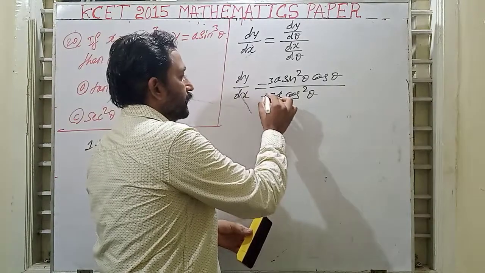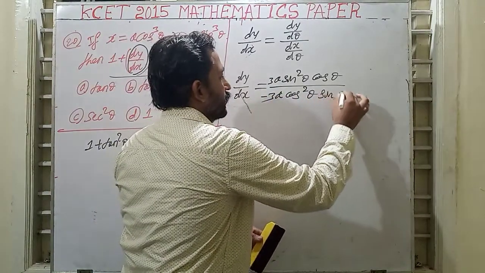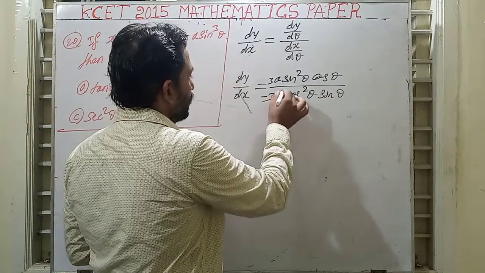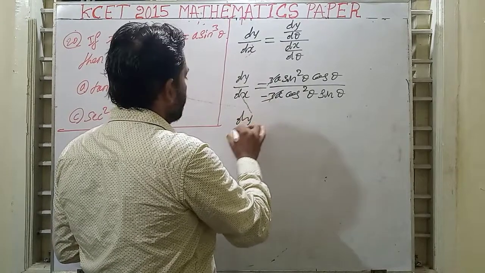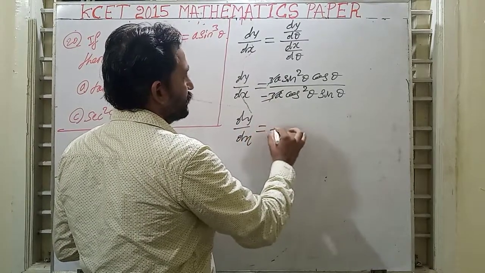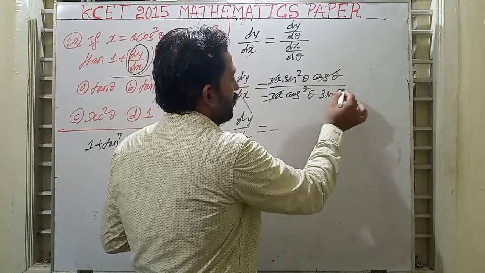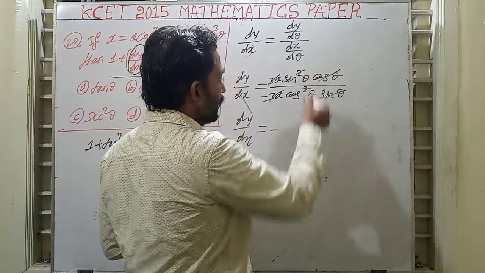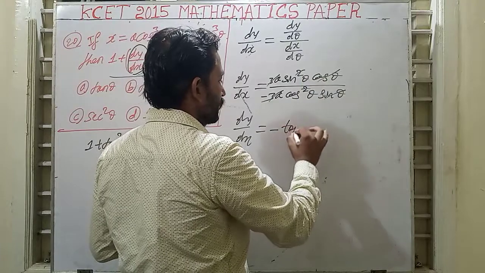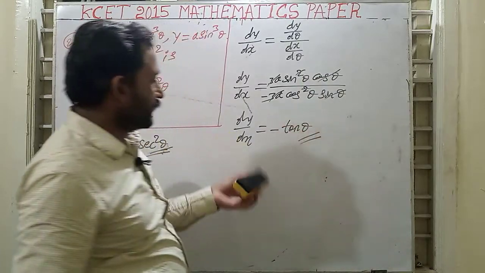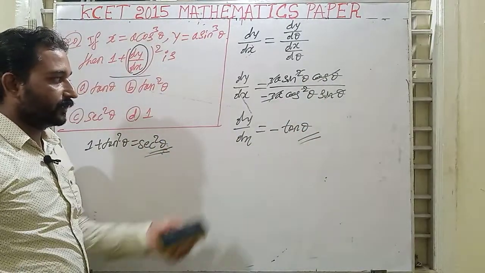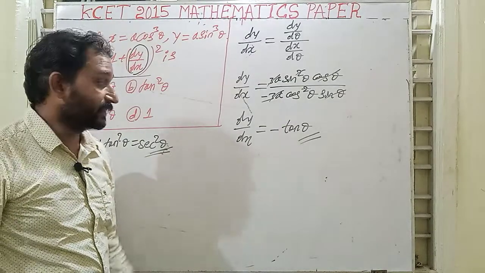In this case 3a gets cancelled, the minus stays, cos theta cancels with cos, one sin cancels, and the remaining sin theta by cos theta is tan theta. So dy by dx is minus tan theta, but it is not the answer.